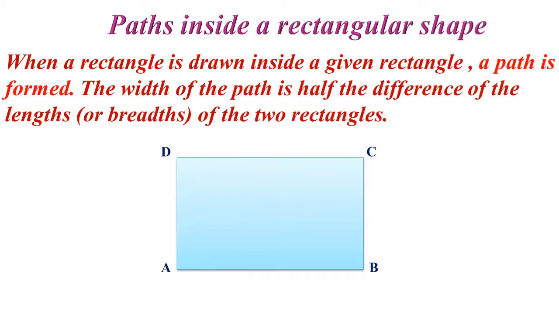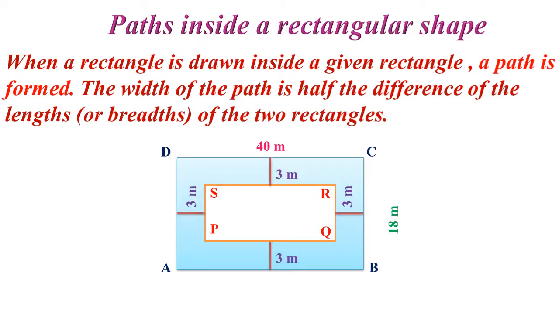First, there is one rectangle ABCD, length 40 meter, breadth 18 meter, and also another rectangle inside it, named PQRS, and also a path 3 meter wide on 4 sides. This is one example of a path inside a rectangular shape.